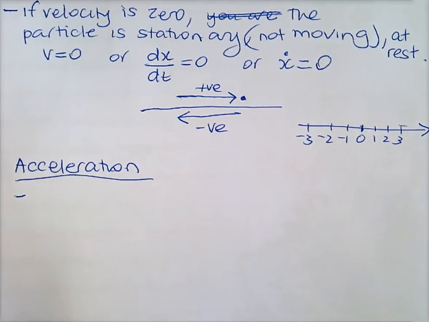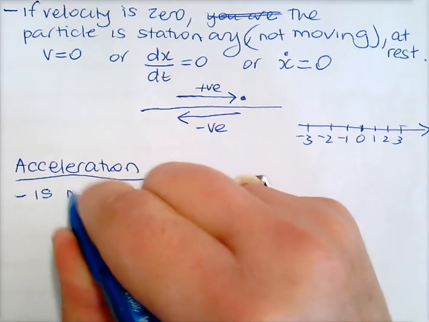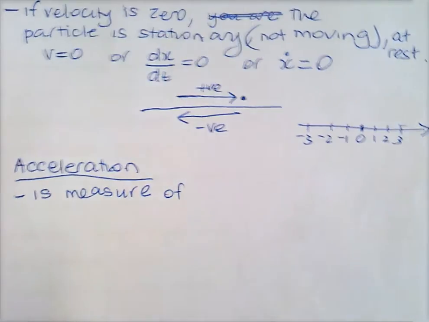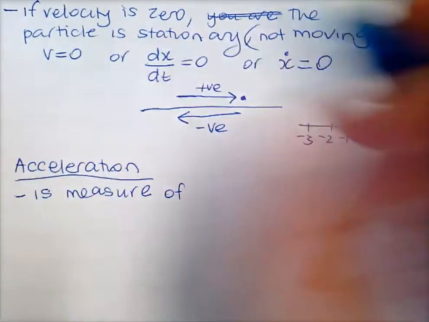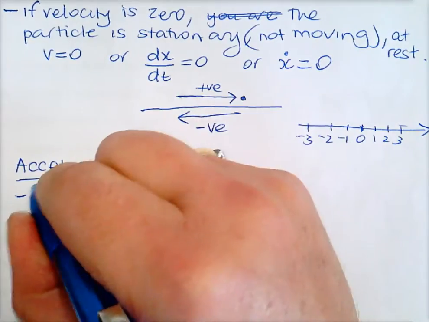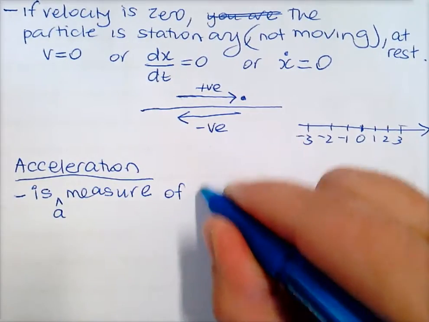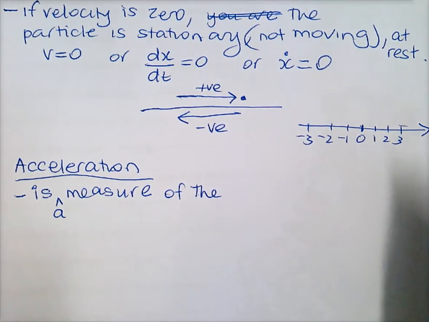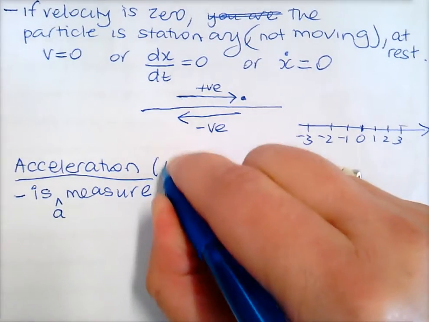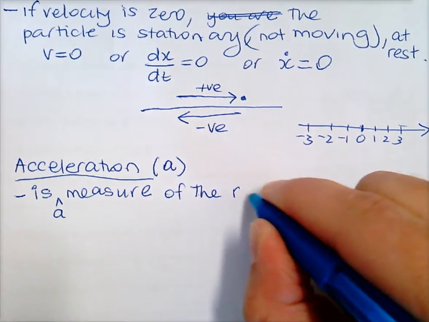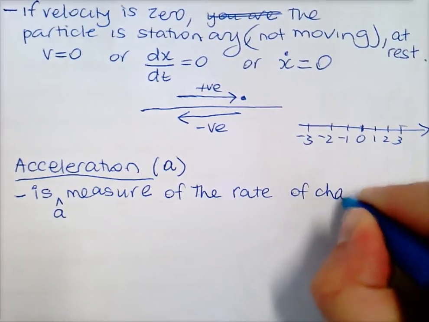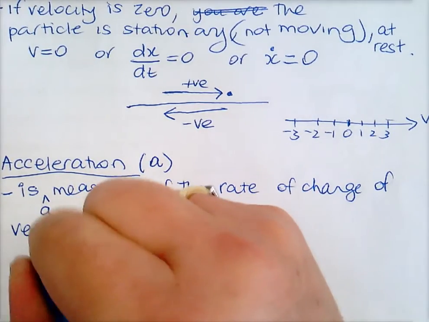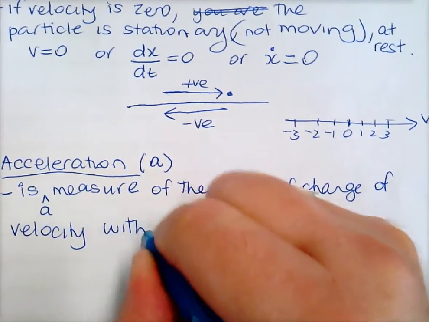Anyone? Acceleration is a measure of what? Rate of change of velocity. Yeah, little a, is a measure of the rate of change of velocity with respect to time.